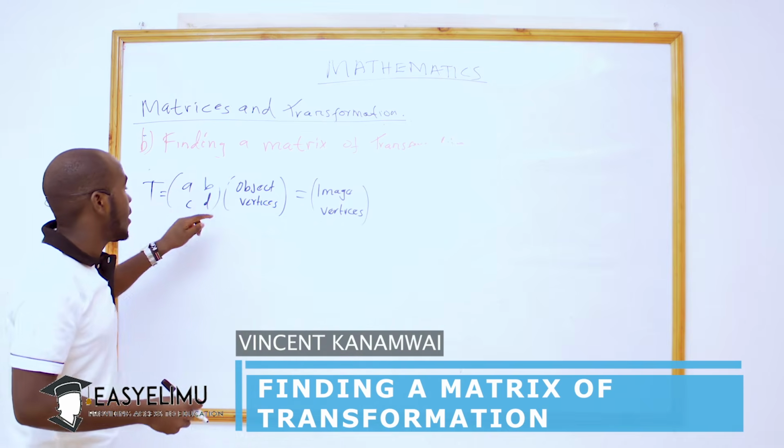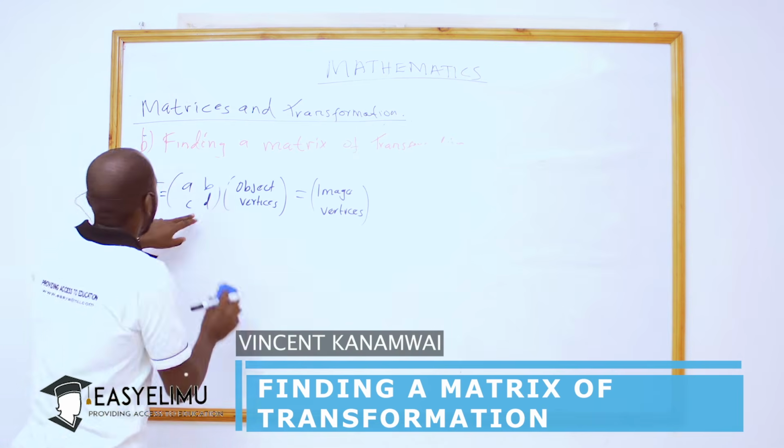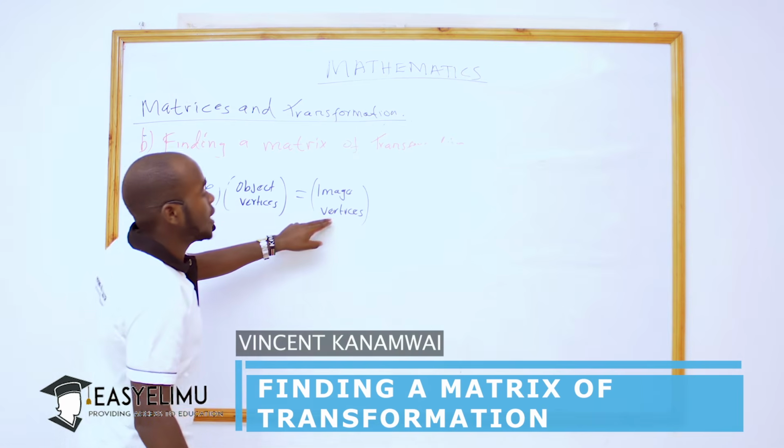You pre-multiply the object vertices with the transformation to get the image.